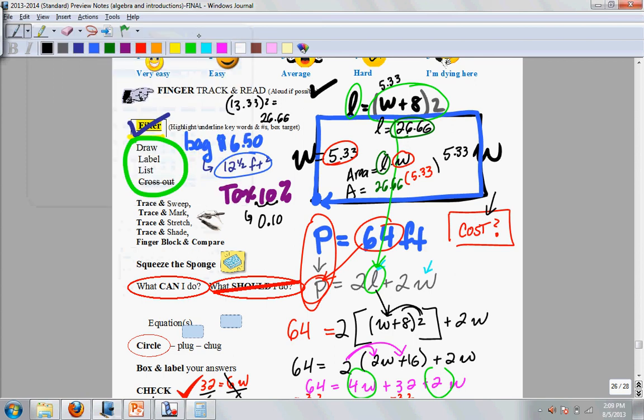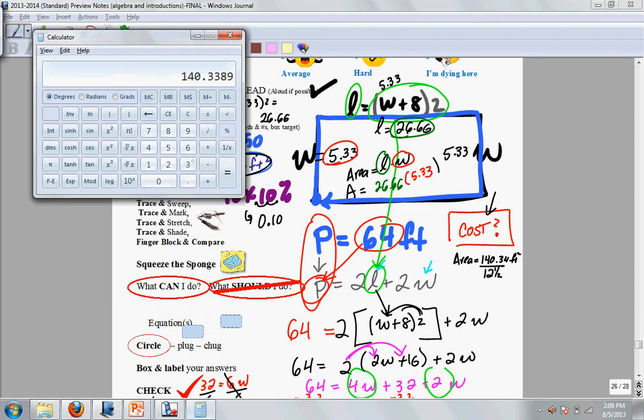Now it's really important that you get in the habit of labeling stuff here. So our area is 140.34, always get your units, that's feet squared. Now, our goal is to get cost, so let's look at what else we have to do. Each bag covers 12.5 feet squared. So to figure out how many bags, we're going to divide and see how many 12.5s go into that.